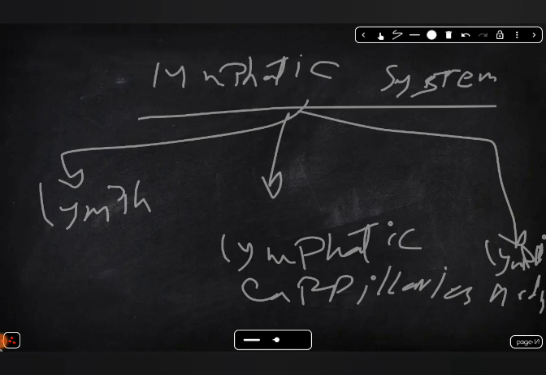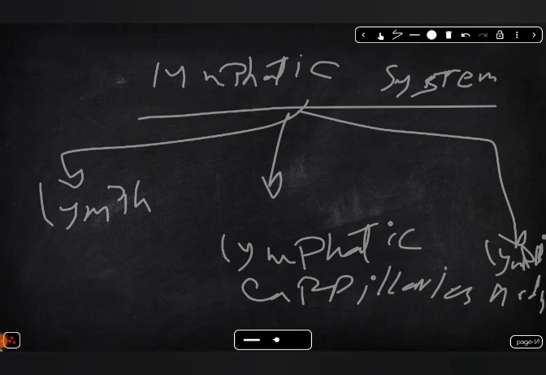Number 2, the lymphatic capillaries. They work on collecting the lymph to return it into the circulatory system through the superior vena cava. Okay. Number 3, lymphatic nodes.